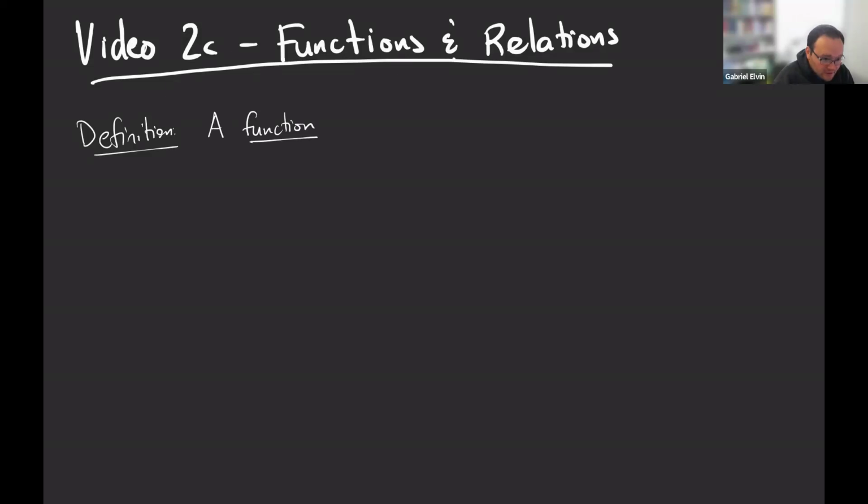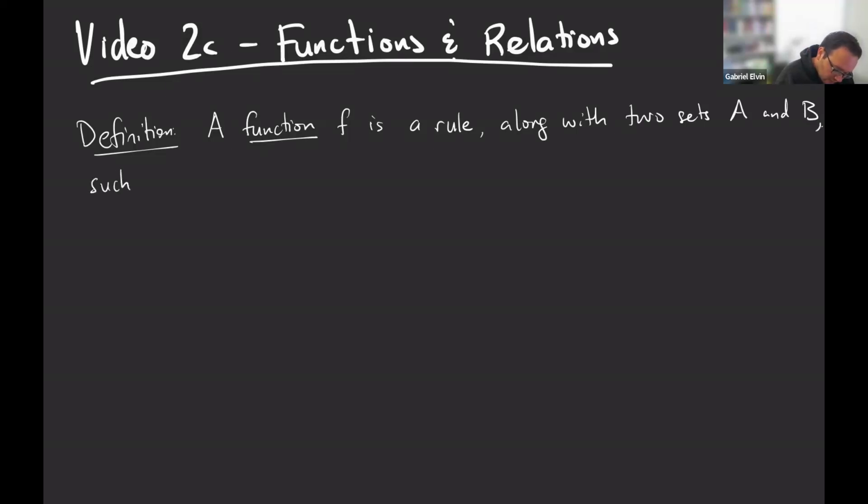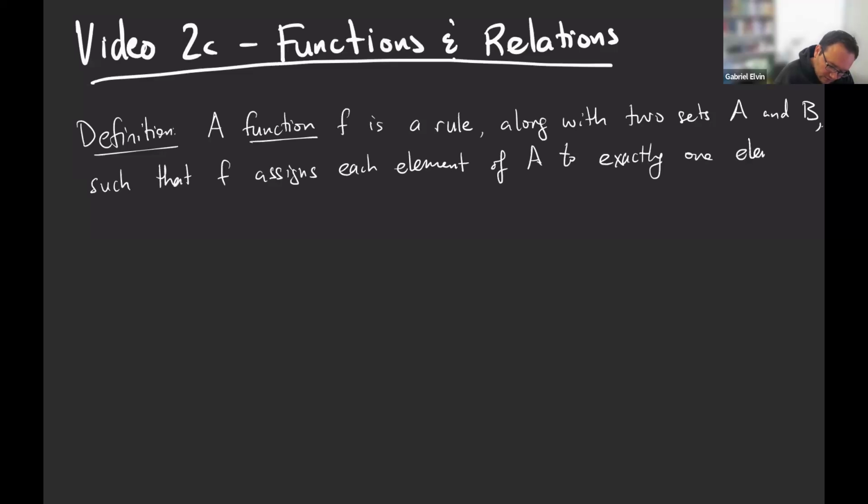But here we go. A function, call it f, is a rule along with two sets A and B, such that f assigns each element of A to exactly one element of B. And the sets A and B also have special names.